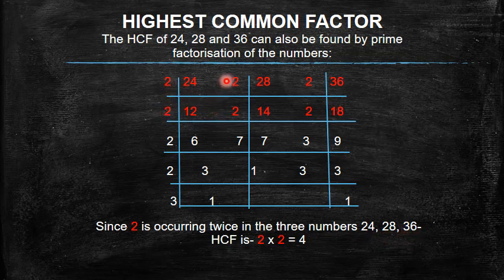So 2 is here, 2 is here, 2 is here and occurring twice. So we will take whatever number of times this factor is there for all the numbers in question for which HCF is to be found. So here we say 2 multiplied by 2 is 4. So 4 becomes the HCF of these three numbers by the method of prime factorization.